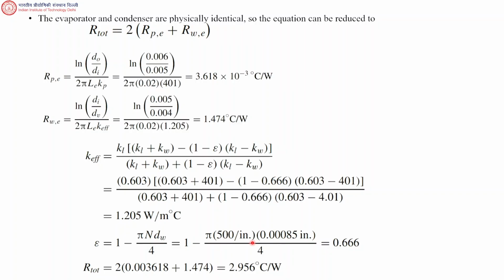Okay, and this is from the given specification of the screen. Okay, 500 is the specification of the screen. So we calculate epsilon, and this epsilon is used here to get this K effective. Okay, so our total using this formula will come out to be 2.956 degrees Celsius per watt.